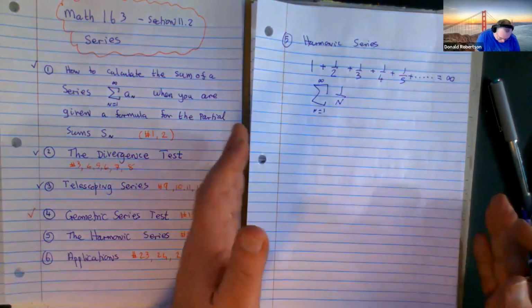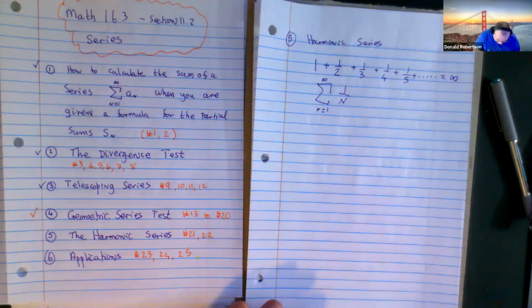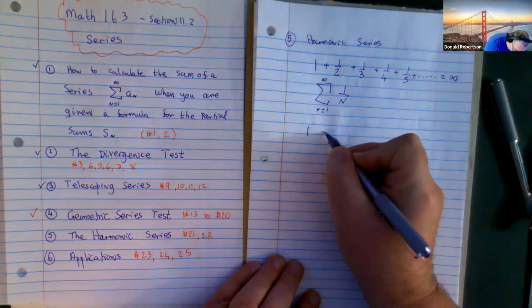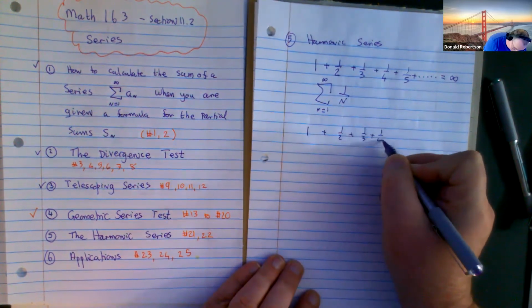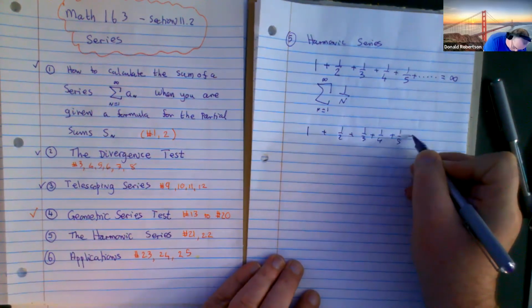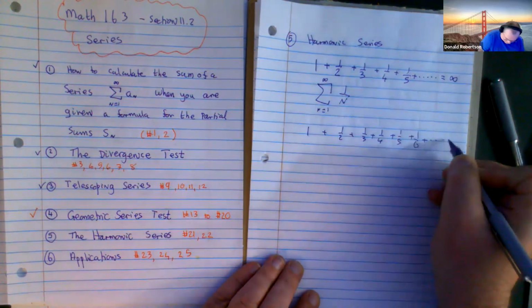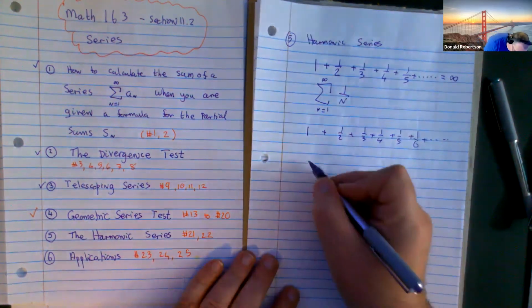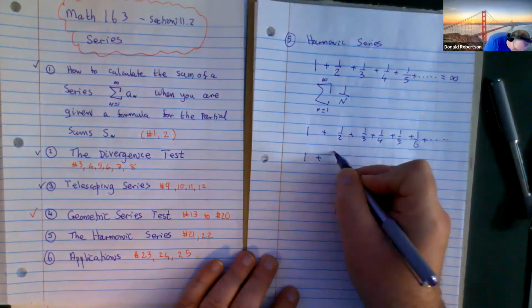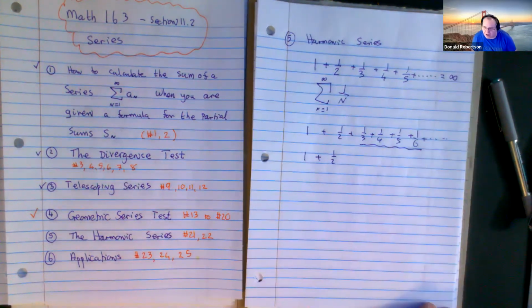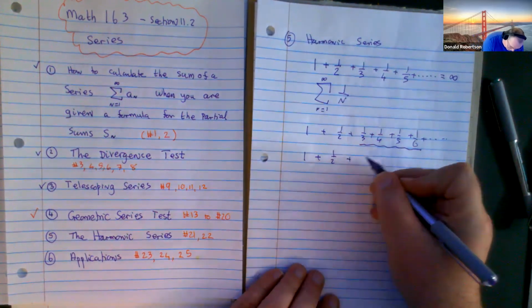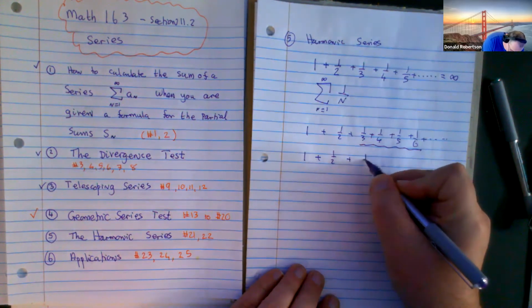Now, I can't prove it to you with the math that you've got, but I'll do a pseudo proof, a kind of proof. If you take this particular series and you do it like this, you do 1 plus a half. If you take the next 4 fractions and add them up, you'll get a fraction that's just a little bit bigger than a half.